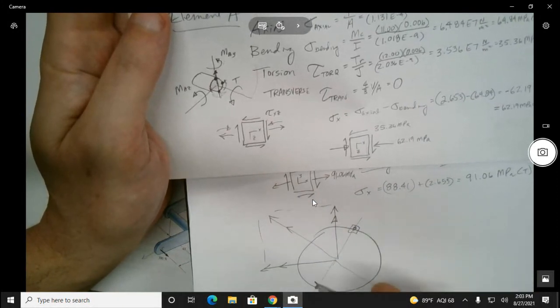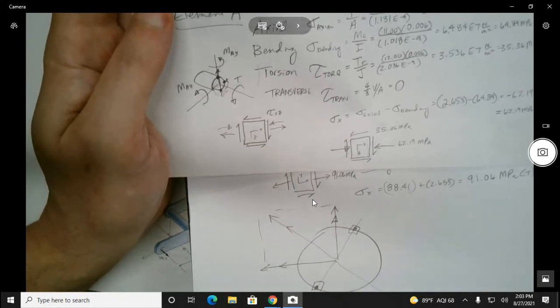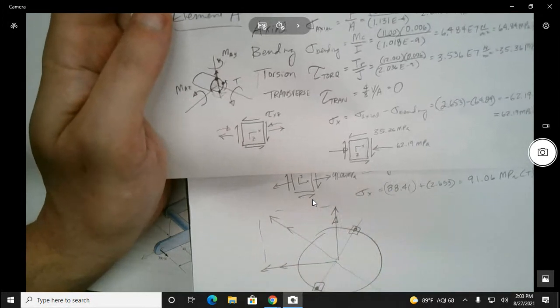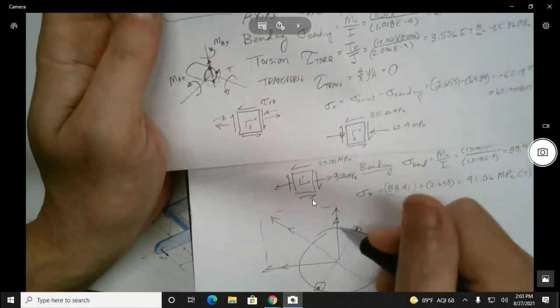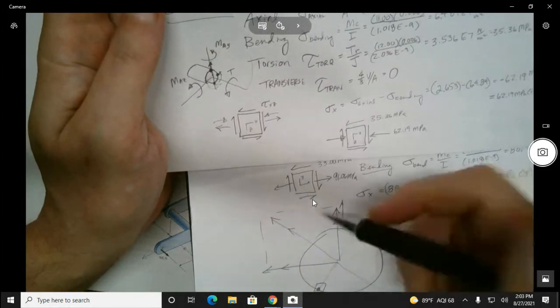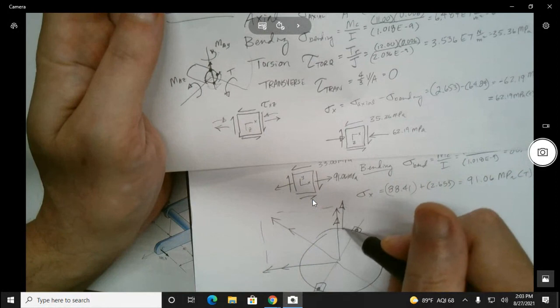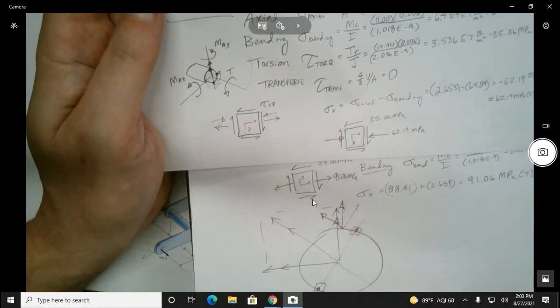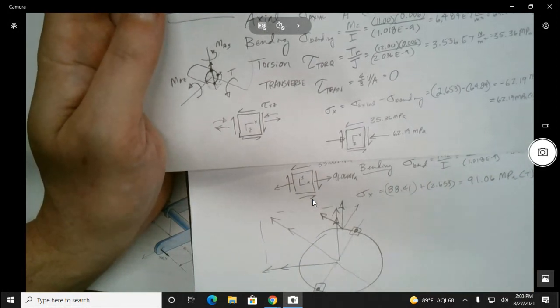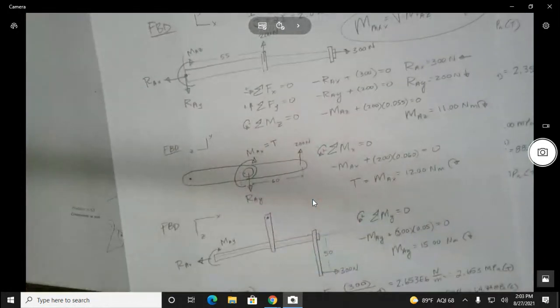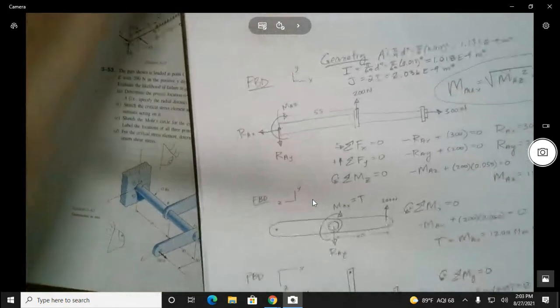So if I have a stress element here or a stress element here, the transverse becomes a little bit more of a pain in the ass, because you have to take that force in that direction and break it down into components in that direction and that direction. You see what I mean? So I don't go there. Put it out of your mind. But there is an example in Shigley where they do that, so just be on the lookout for that.